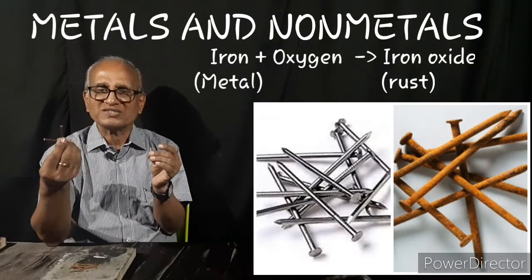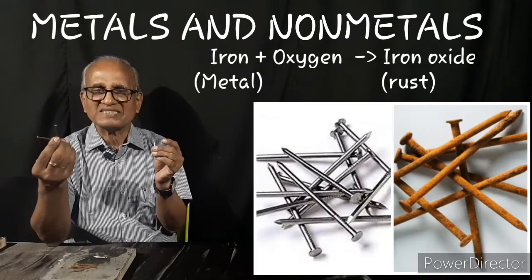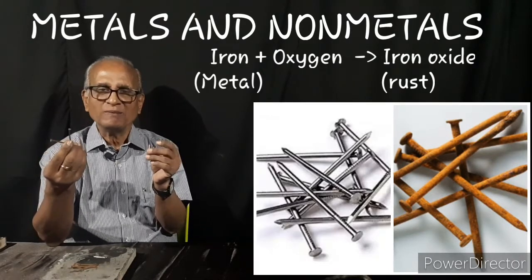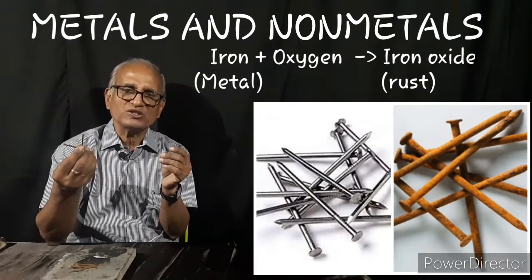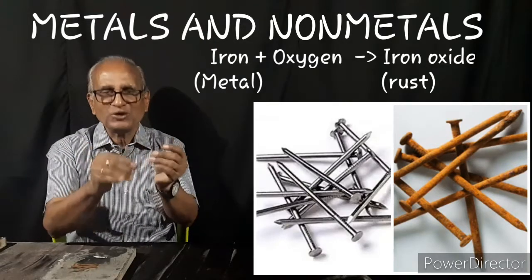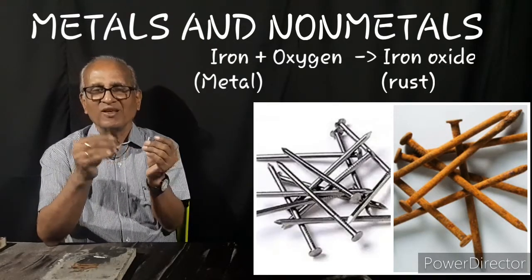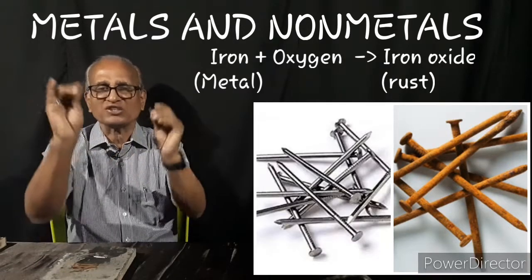Old iron rods, old iron objects in the house, if you take them, they would have got rusted. Those iron objects and tools which you don't use, you keep them in a corner, they too get rusted. One way of preventing iron from getting rusted is to use it constantly.